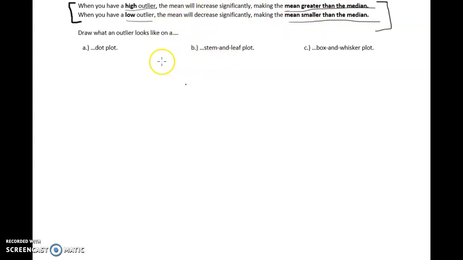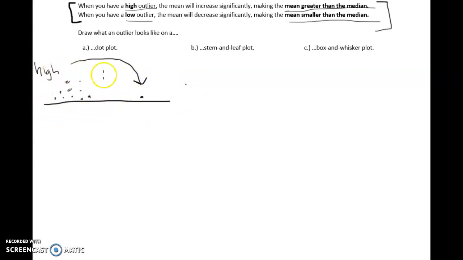So the other component is making sure that you know what an outlier looks like on the type of graphs that we're talking about. So a dot plot, here's what an outlier would look like on a dot plot. First, I'm going to do what a high outlier would look like, and then I'll do a low. So if I had some dot plot right here, and most of my points were like this, and then I had one point over here, this would be my high outlier.